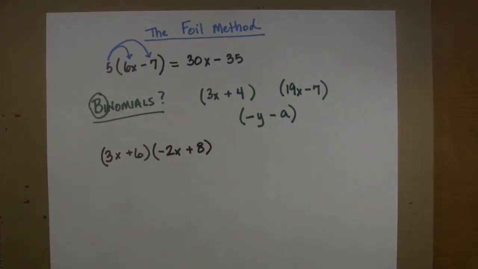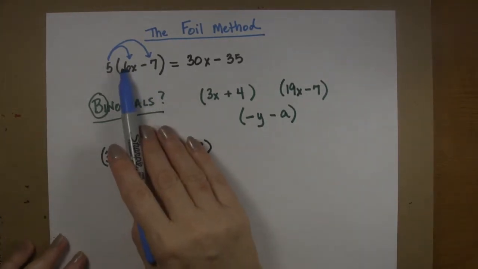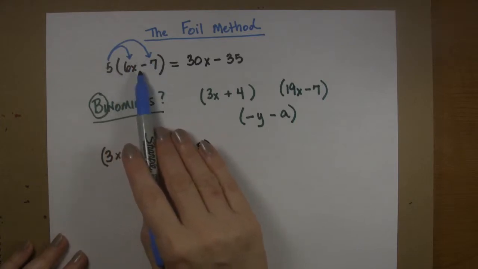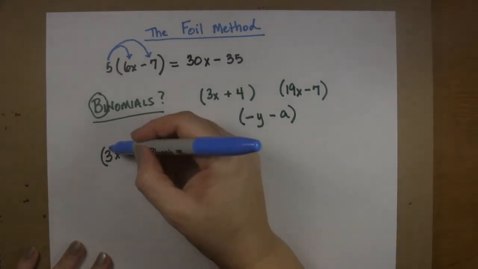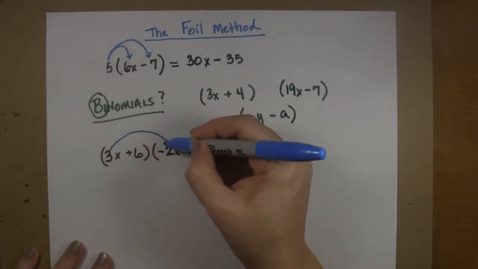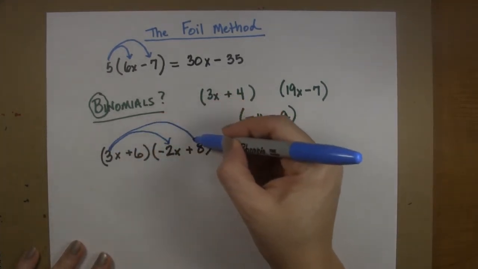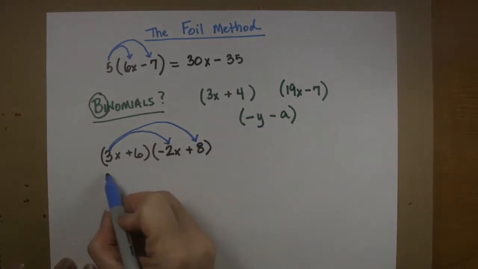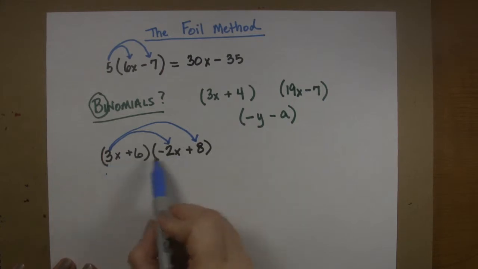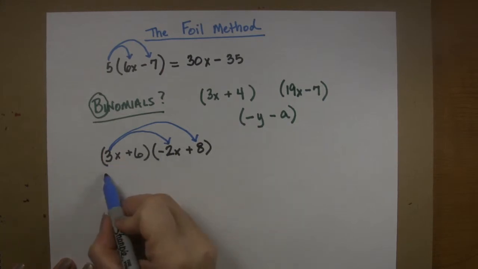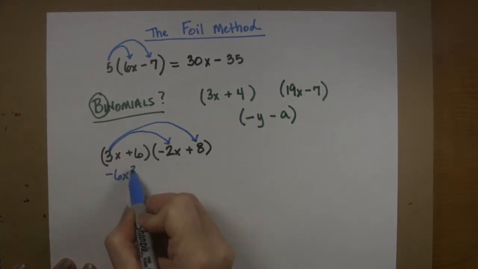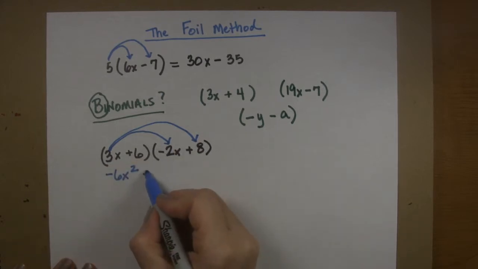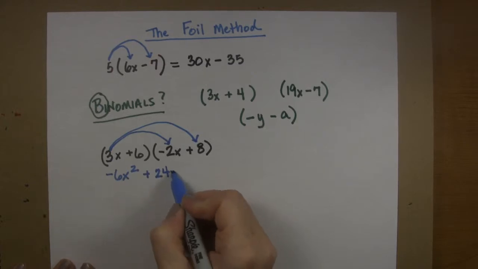Following the example given to us by our simple distributive property, we're going to take this 3x and distribute it over everything in parentheses. So 3x times -2x will give me -6x squared. And then 3x times 8 would give me 24x.